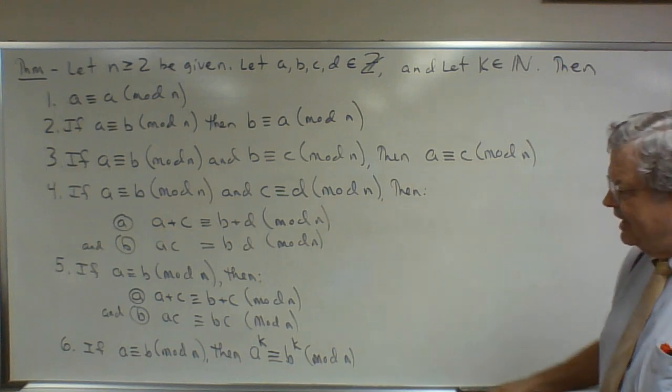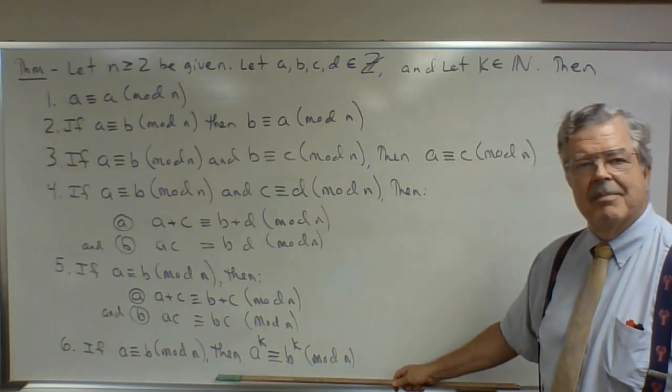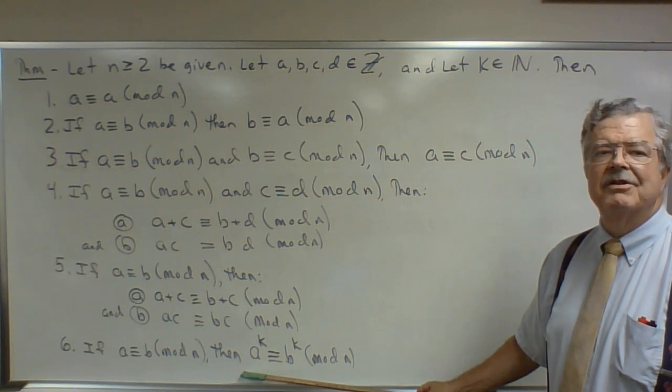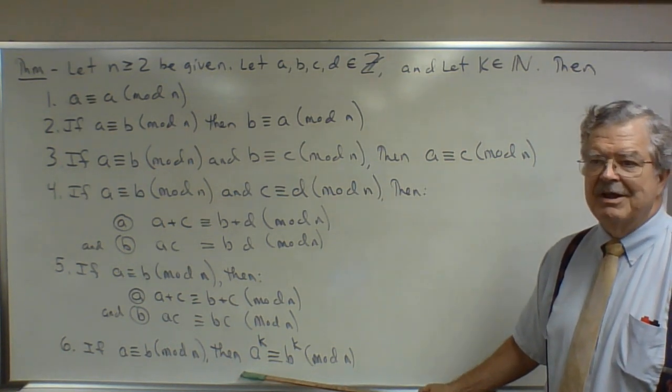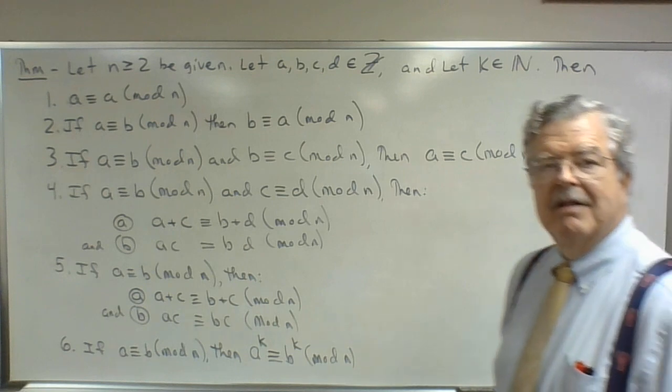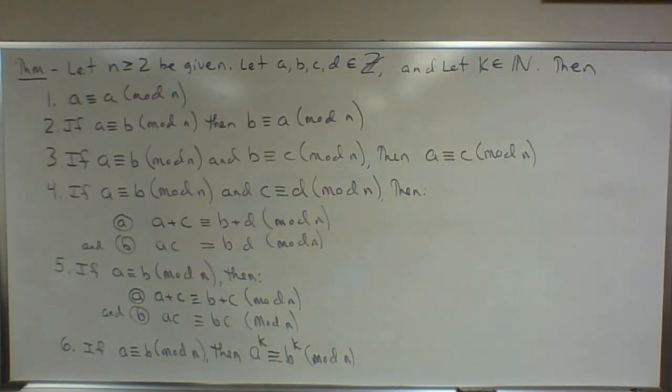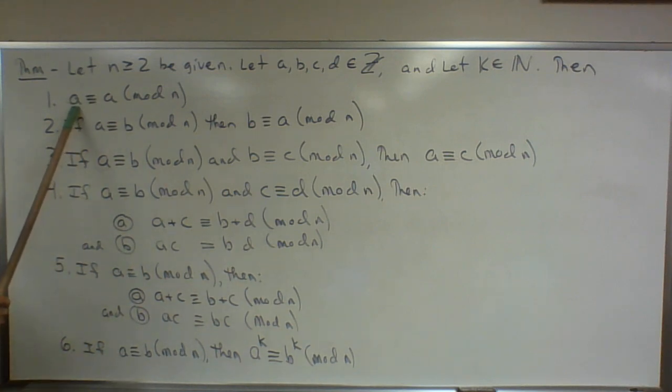Now, we're not going to see K until this last property, but this last property is probably the truly amazing thing about congruences. Let's go through these things one by one. A is congruent to itself modulo n.